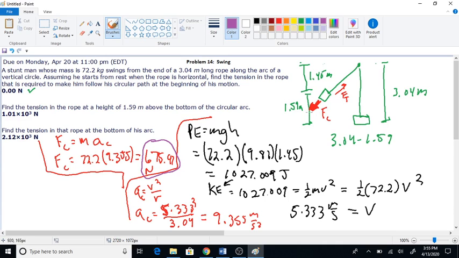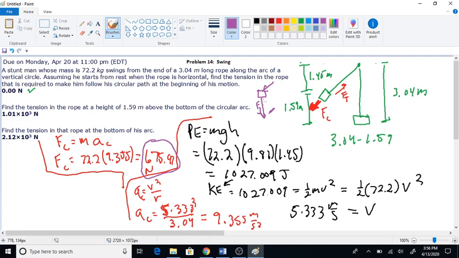So let me go over here. Gravity is pulling straight down, but we need to change it by making a right triangle. And this is the hypotenuse, though.